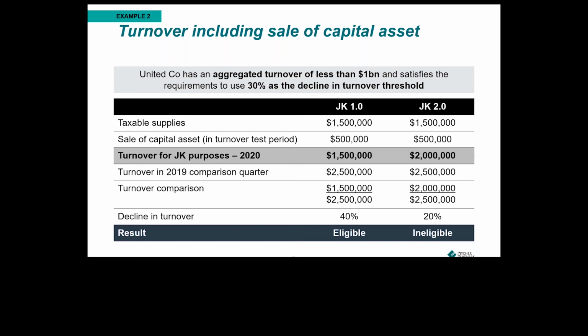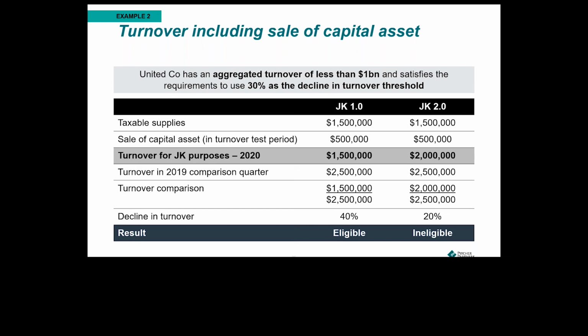So just to give you an example of the difference that could potentially make in terms of eligibility for ongoing JobKeeper payments, we've got United Co here, which is an employer that has an aggregated turnover of less than 1 billion and satisfies the requirements to use 30% as the relevant decline in turnover threshold that it needs to meet for JobKeeper purposes. United Co has taxable supplies in the relevant period of $1.5 million.